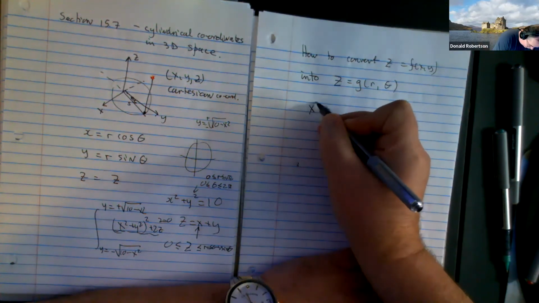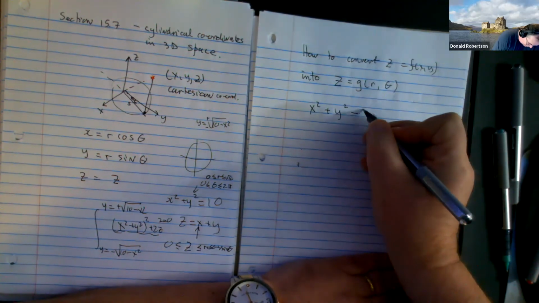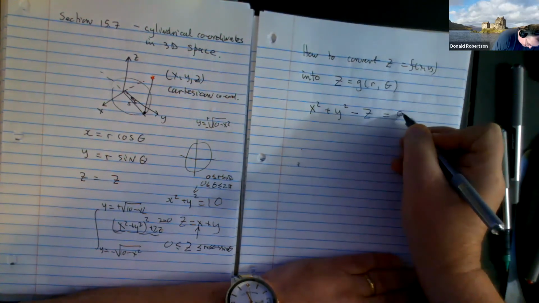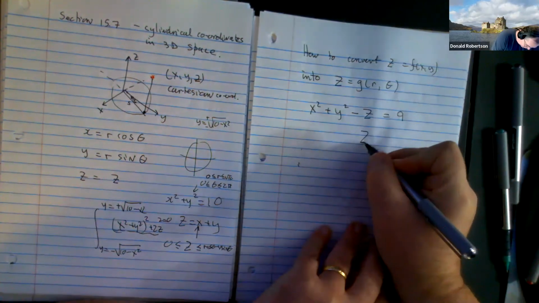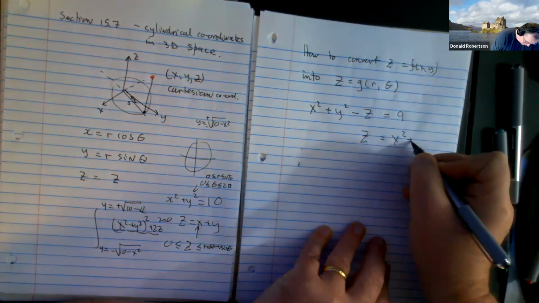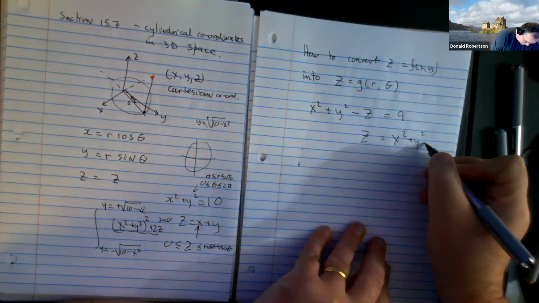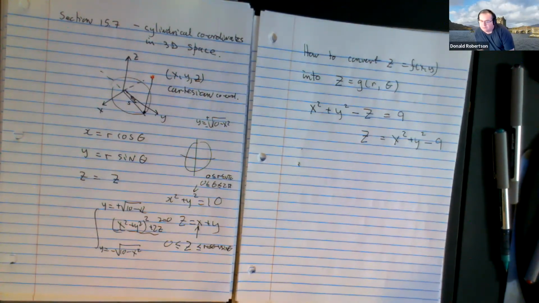Suppose I told you that x squared plus y squared minus z was equal to 9. I have no idea what that surface looks like, but if I rearrange it, z should be x squared plus y squared minus 9, okay? You okay with me rearranging it? And that's what you got.